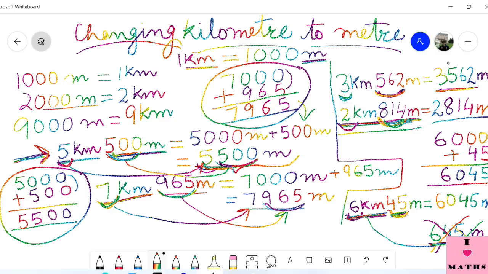How is it possible? Because in 6 kilometer there are 6,000 meters. So 6 kilometer and 45 meter will be 6,045 meter. I will show a few more examples like this to you.